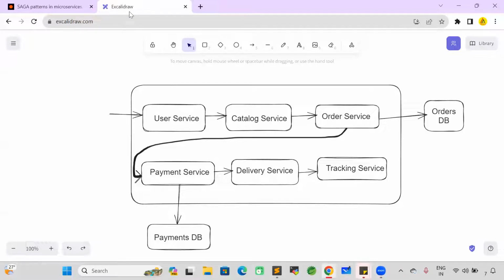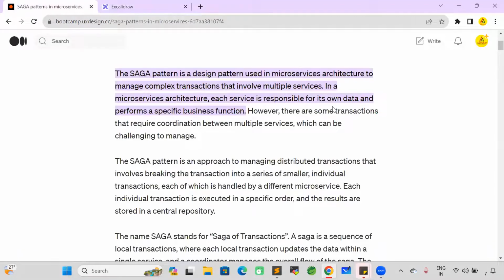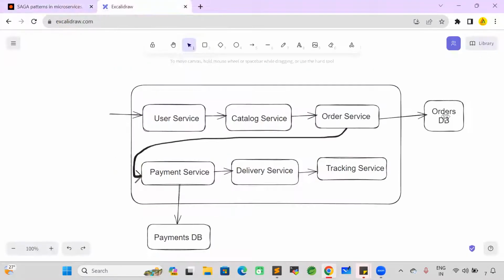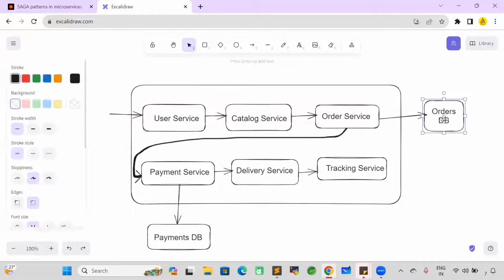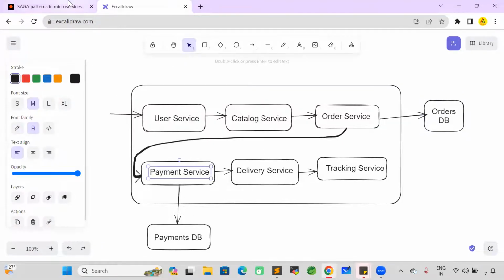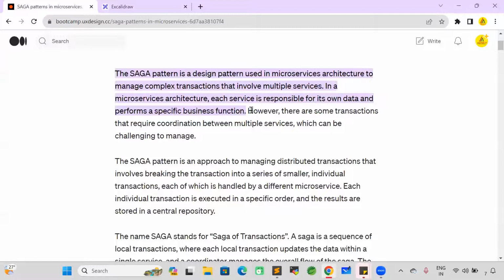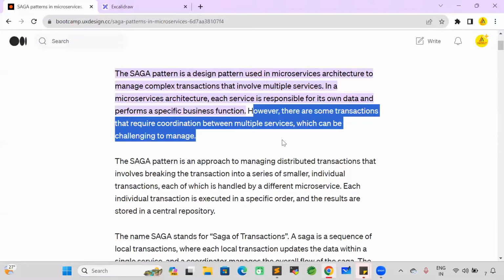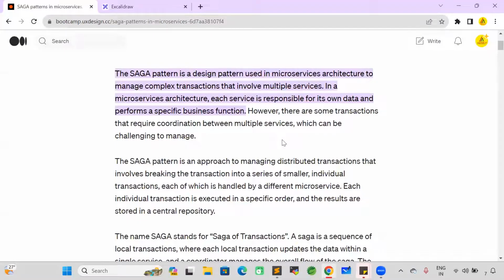Managing a transaction across multiple microservices is a difficult process, so to overcome that difficulty we are using the SAGA design pattern. Here my transaction either commits or rolls back the order depending on the payment. So the transaction requires coordination between multiple services, which can be challenging to manage.